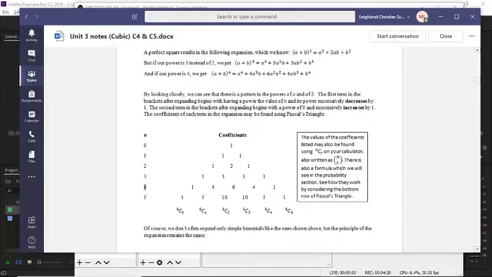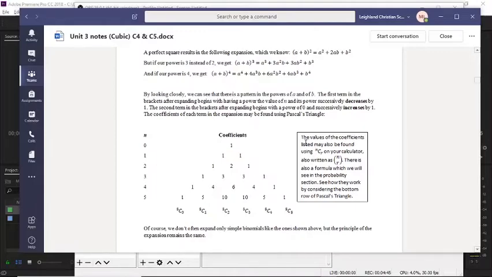If we had (a + b) to the power of 5, the coefficients would be 1, 5, 10, 10, 5, 1. Study the pattern and make sure you understand how we get it.